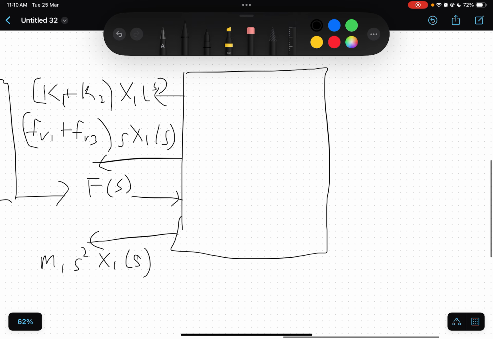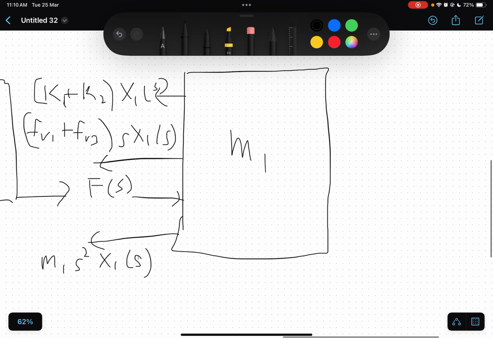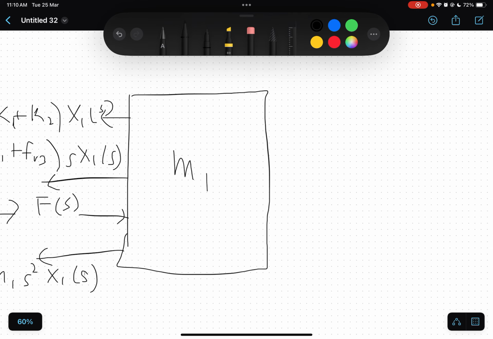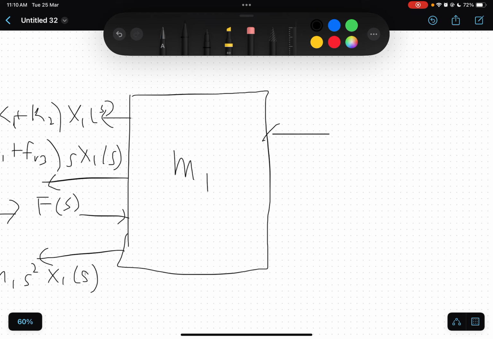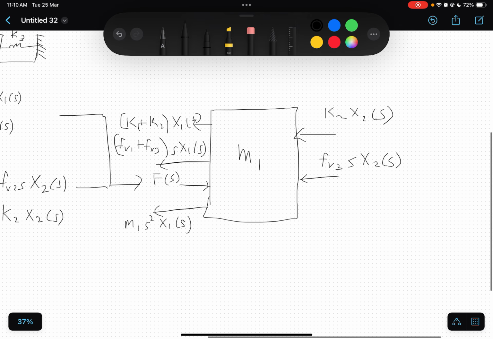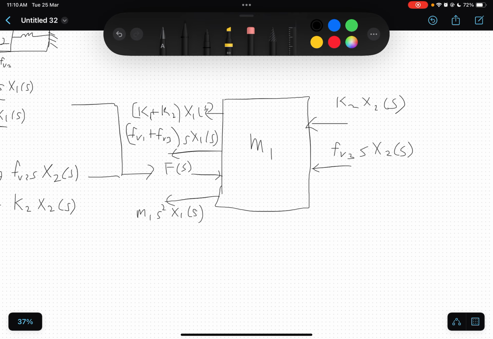Okay, and on the opposite side we have the effects of movement of M2, which gives you K2 X2S and FV3 S X2S. Okay, so these are all the forces that are acting on M1.